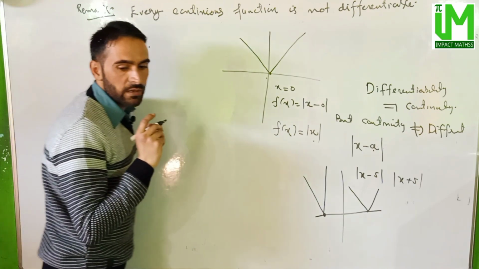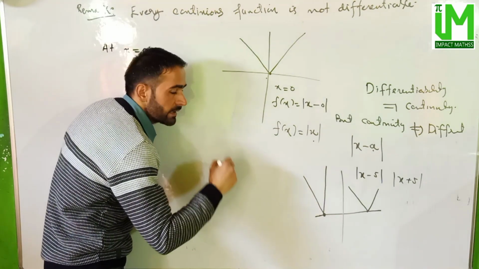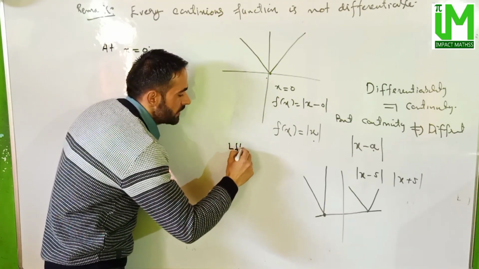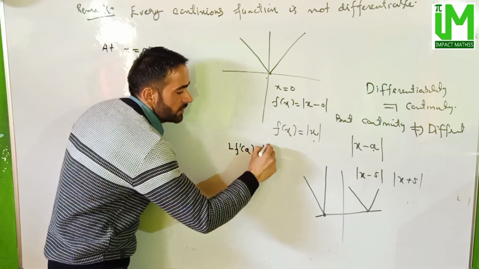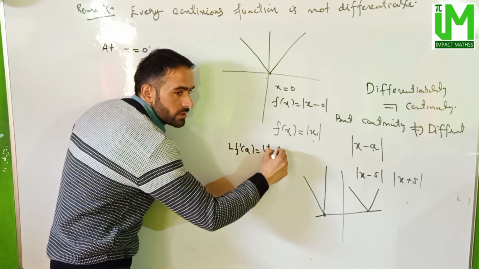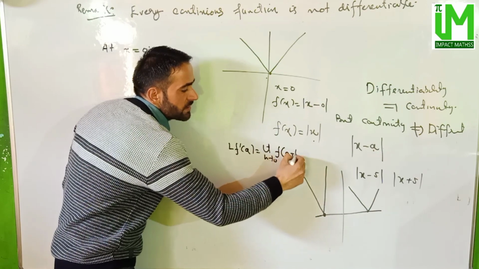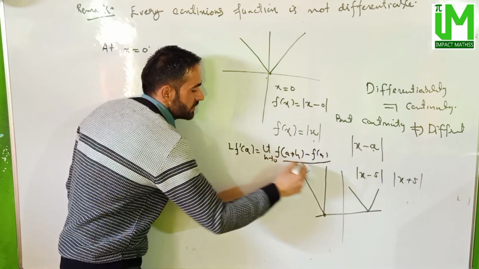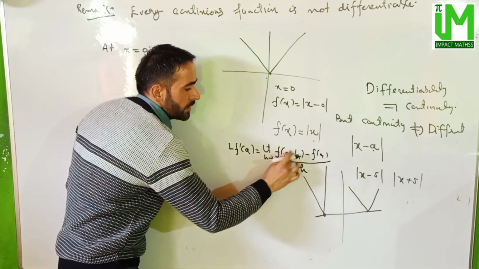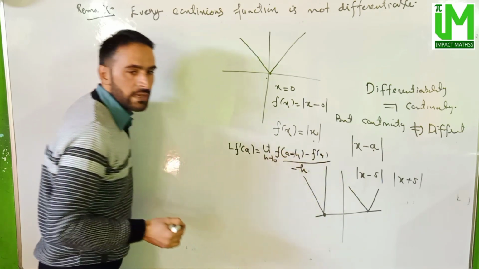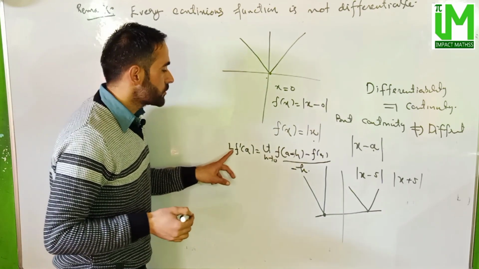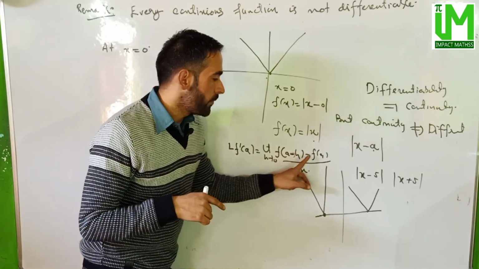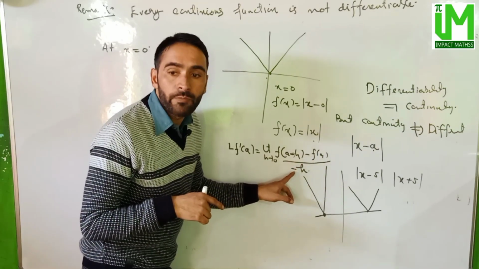The left hand derivative at x is equal to a, L f dash of a, is equal to limit h tends to 0 of f of a minus h minus f of a divided by minus h.